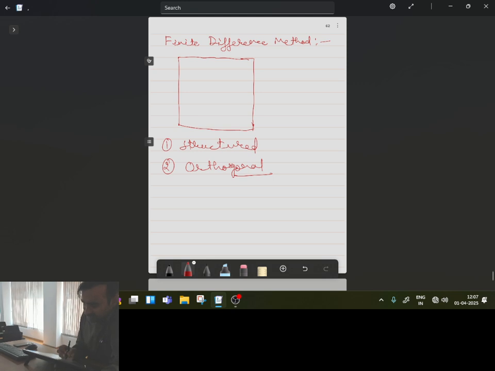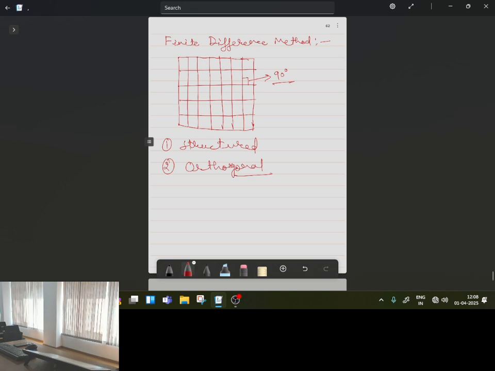So for example, if this is my domain, I have to divide it in such a fashion that a proper structure is maintained. And along with the structure, one additional thing I have to maintain is that the angle between these two sides should be 90 degrees. So the grid should be orthogonal.